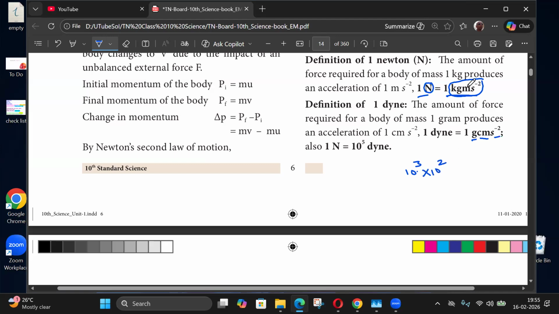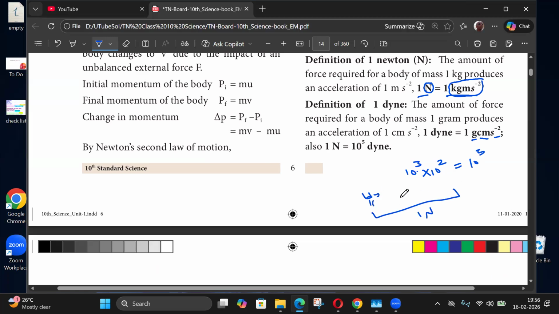When you convert something to a smaller unit, it becomes larger, like 1 rupee is 100 paisa. So the total is 10 raised to 5 times more. Dyne is a small unit and Newton is bigger.